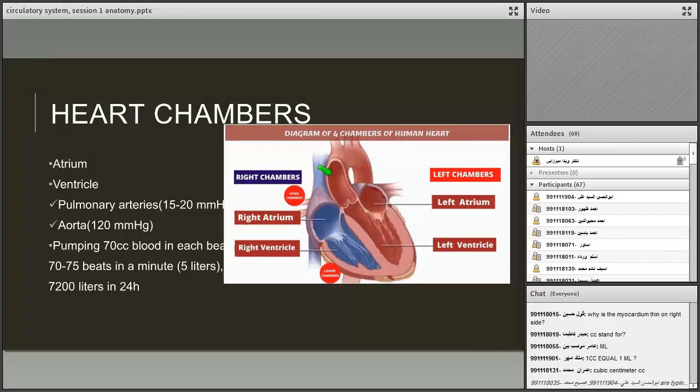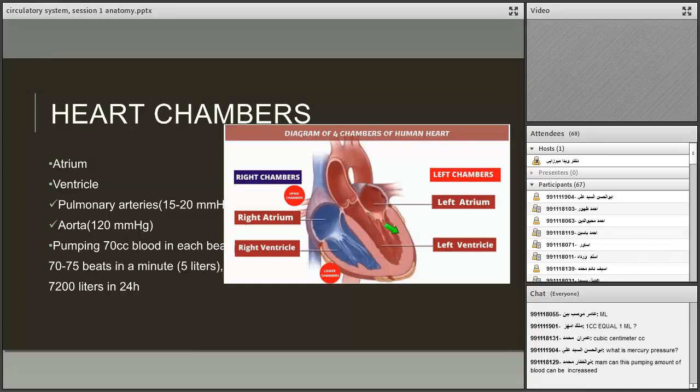But the left side has to pump the blood into the aorta, and the blood has to go to all parts of the body. Okay? Because of that, the myocardium in the left side is thicker than the right side.